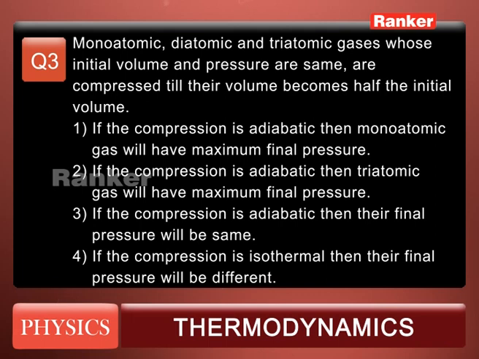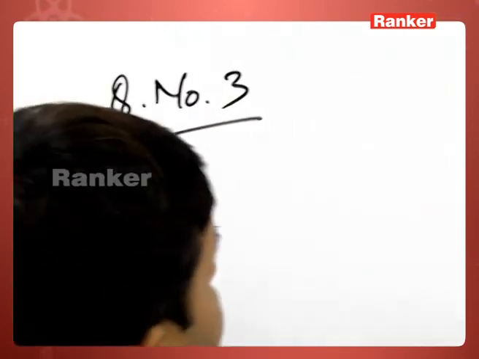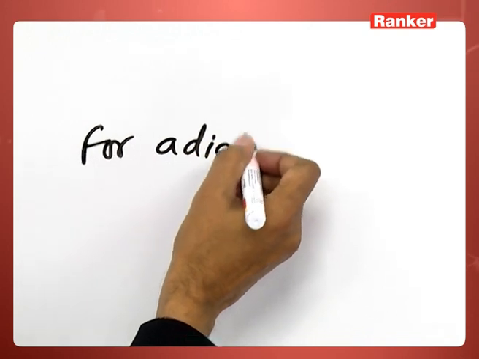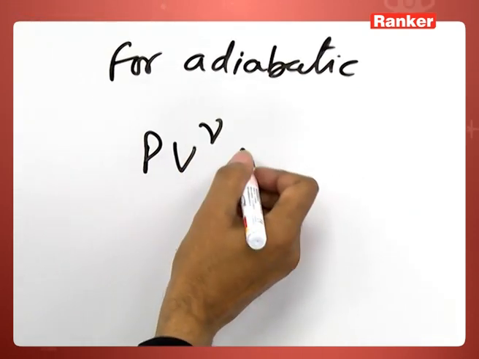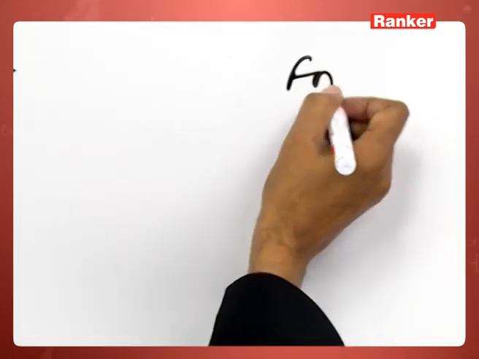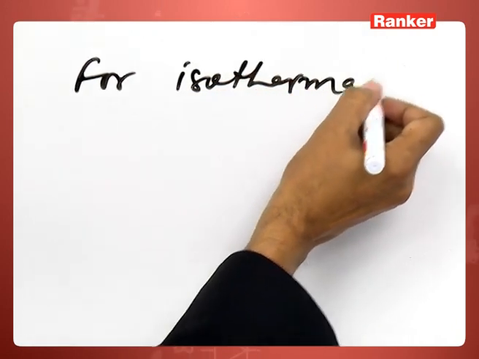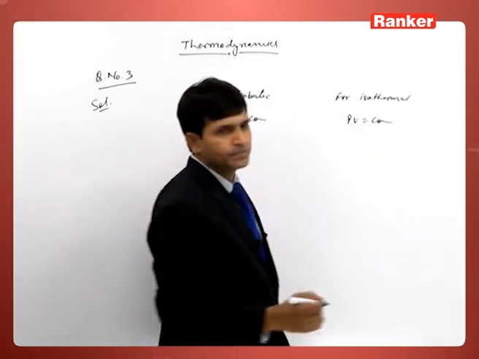So we have to see the options here. See, as per the expression for adiabatic, PV to the power gamma is constant, and for isothermal, PV is constant.